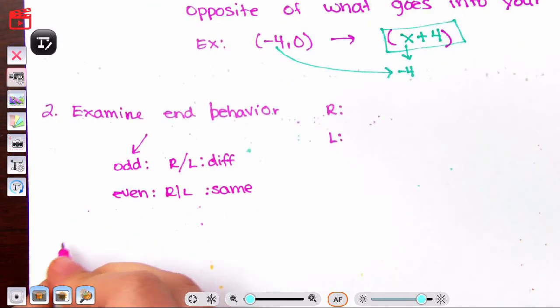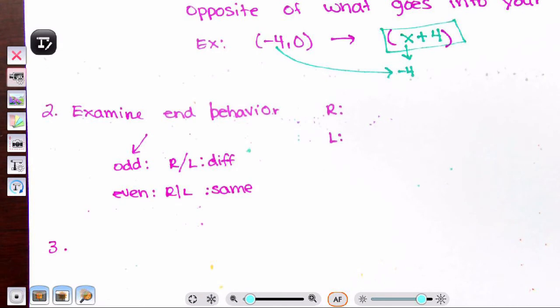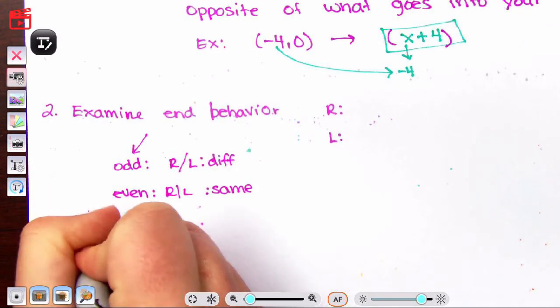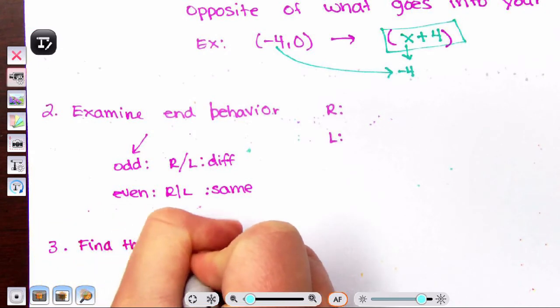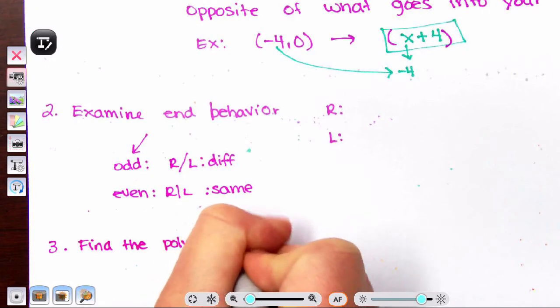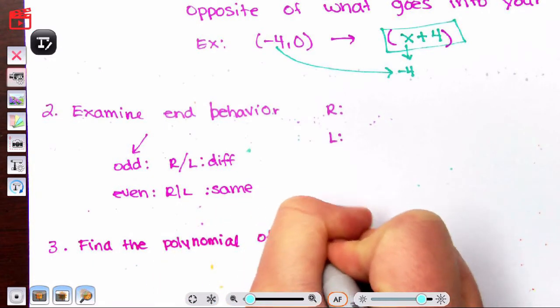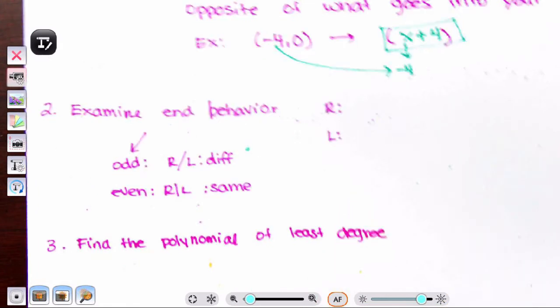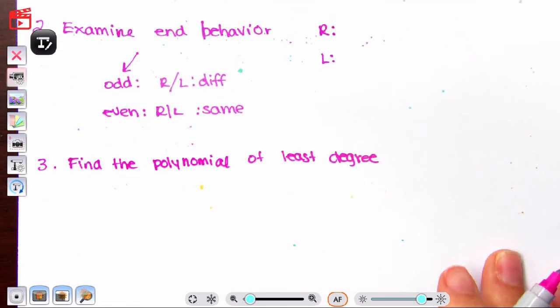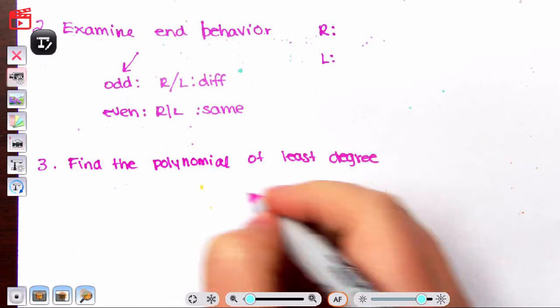Okay, now that we have our end behavior, step number 3, find the polynomial of least degree containing all factors. So what that means is you're not going to find something with a 7 on your exponent.